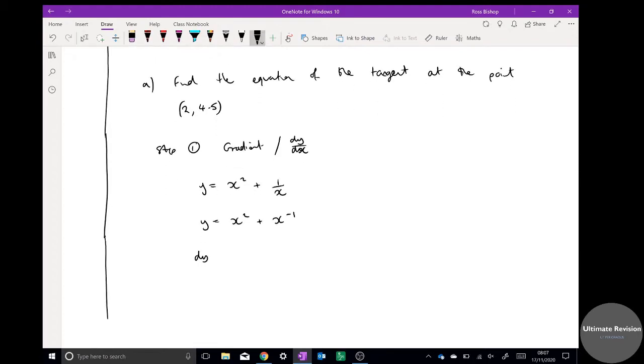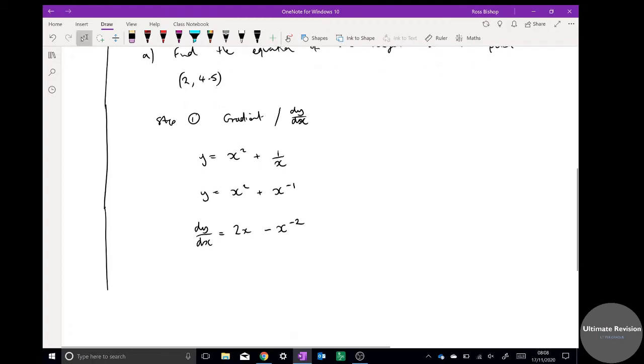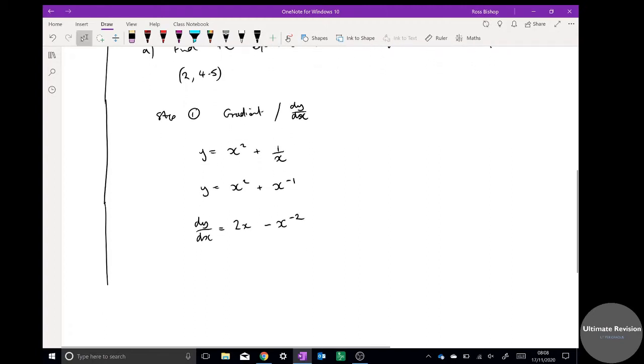So dy/dx is equal to 2x minus x to the -2. I can also rewrite that as 2x minus 1 over x squared, which is sometimes easier to deal with.